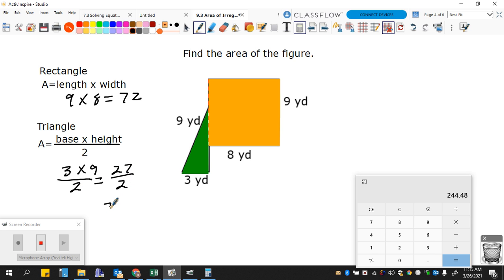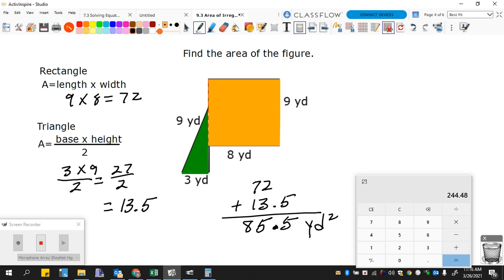When we take 27 divided by 2, that is 13.5. Okay, so now we add them together. We're going to say 72 plus 13.5, and we end up with 85.5 square yards.